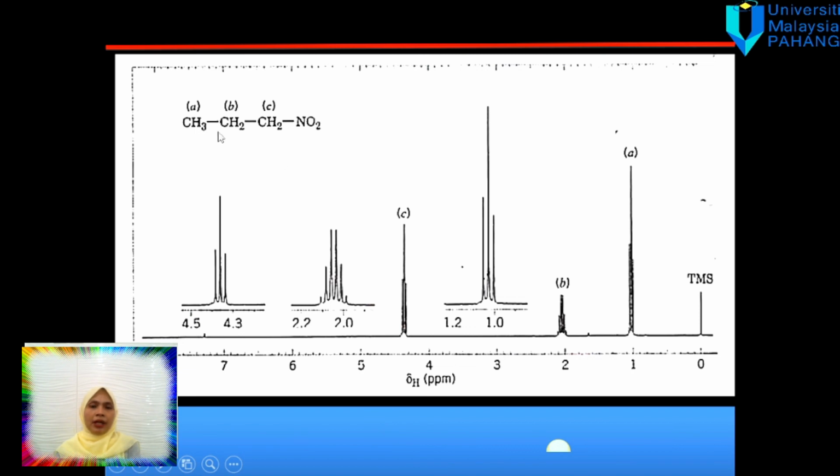For B, we have to see the right and the left side. Total number of protons, 2 plus 3 is 5, 5 plus 1 is 6. B becomes a sextet. This is the signal for B. And for A, the neighboring protons are only 2, plus 1, so it becomes a triplet. For A, we can see the signal is a triplet here.